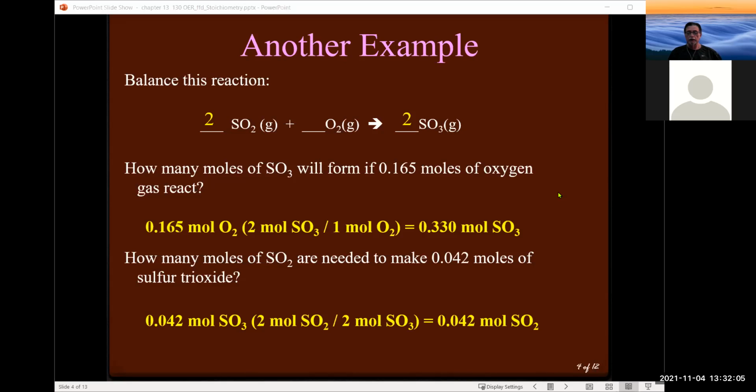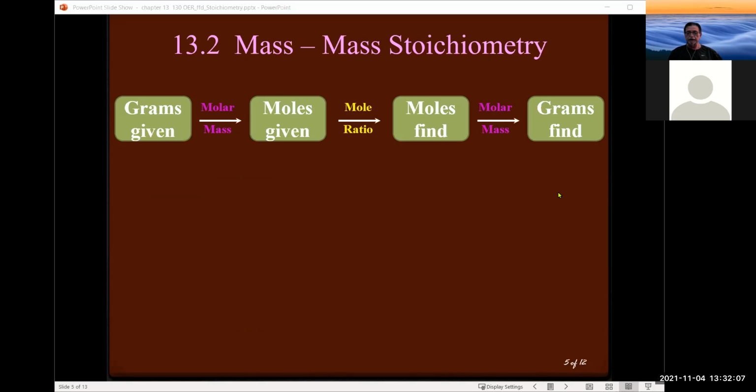All right, so up to this point, like I stated, we've been dealing with just the moles. So here's another flow chart for you, okay? How this works is quite straightforward, I think. If you're given something in units of grams, we need to get to moles. Remember, this whole calculation, we got to get to moles, okay?